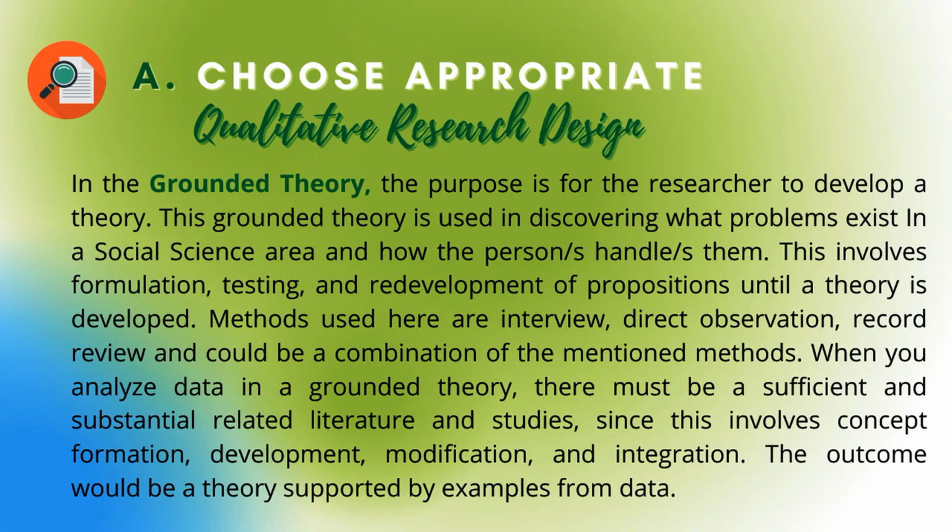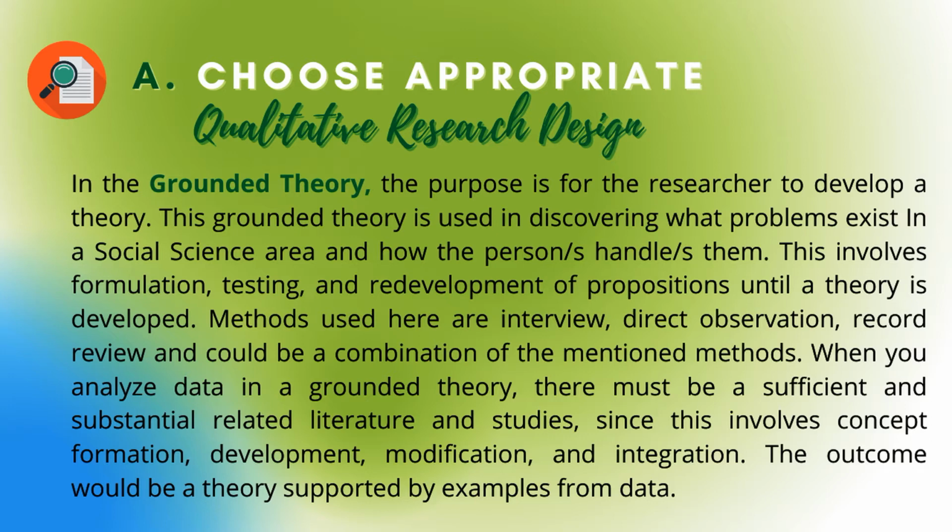In grounded theory, the purpose is for the researcher to develop a theory. This grounded theory is used in discovering what problems exist in a social science area and how the person handles them. This involves formulation, testing, and redevelopment of propositions until a theory is developed.